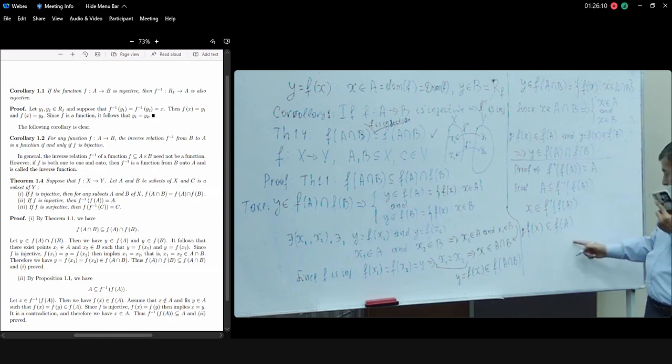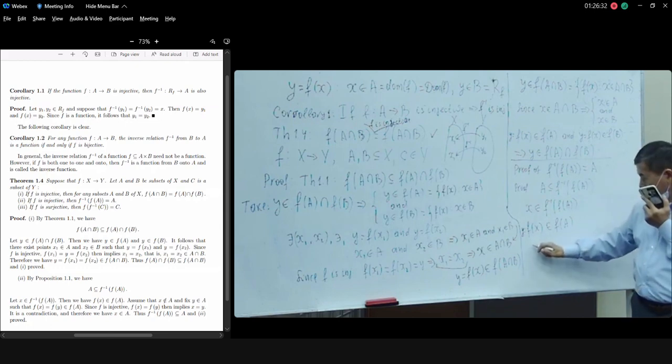So this is like this. If I take the element from here, now I want to show it is the element of there.